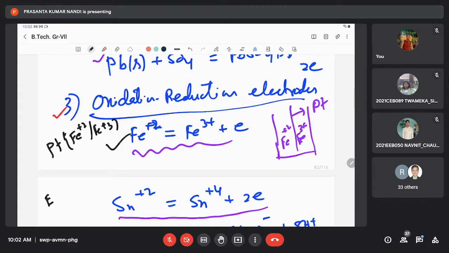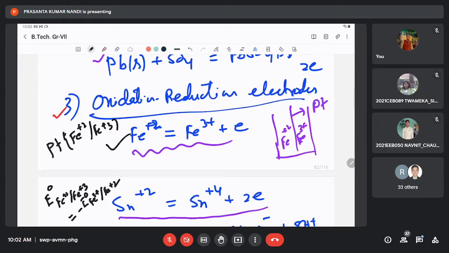The standard partial potential for this is equal to E0 Fe plus 2 to Fe plus 3, and that will be equal to minus E0 Fe plus 3 to Fe plus 2.